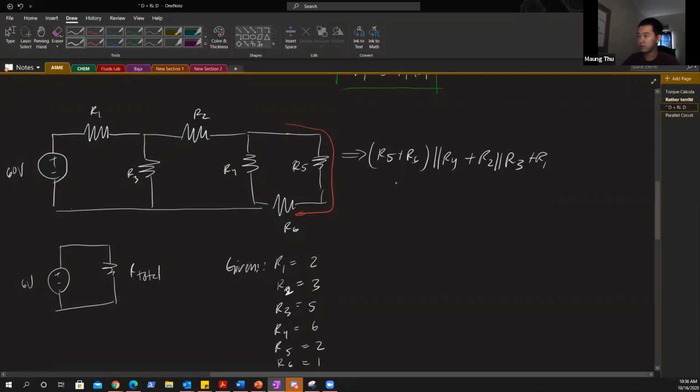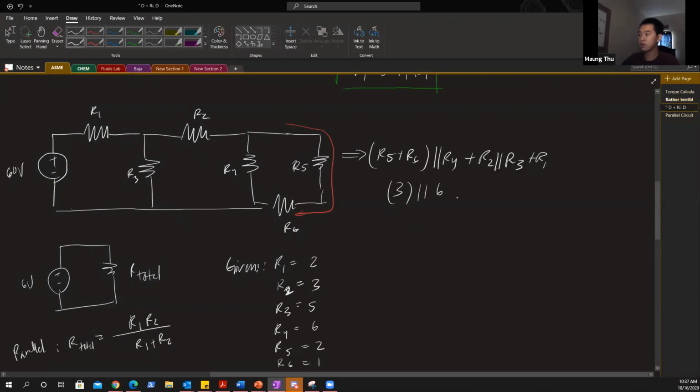Okay, so let's plug in 5 and 6. That's 3 ohms in parallel with R4. R4 is 6. Remember, for two resistors in parallel, the equation is R1 times R2 all over R1 plus R2. This is the total resistance for parallel.